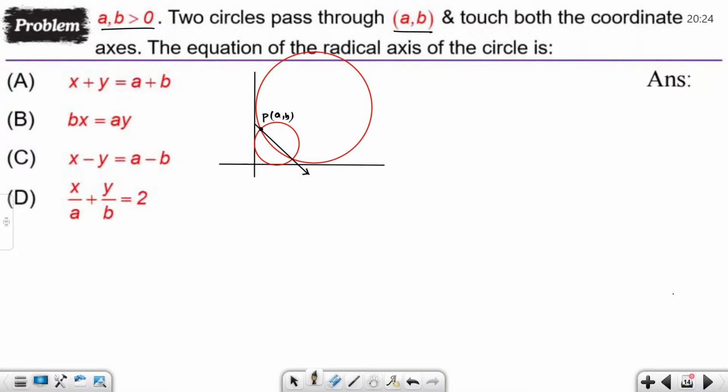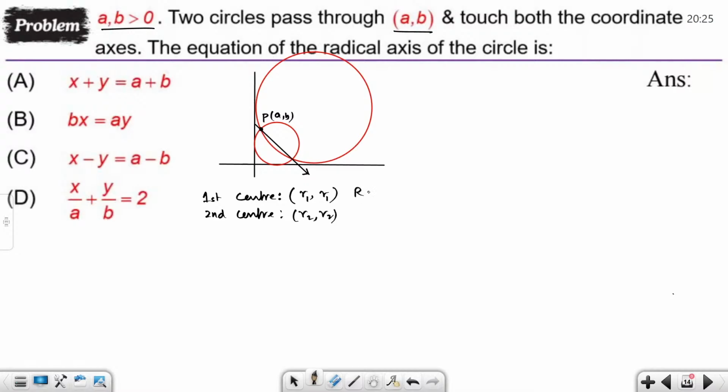Now, one thing: whenever a question comes that a circle is touching both the axes, the very first thing that comes to my mind is to take the center of the circle as (r, r). Since there are two circles, let me take the first circle's center as (r1, r1), and for the second circle the center is, let us say, (r2, r2).